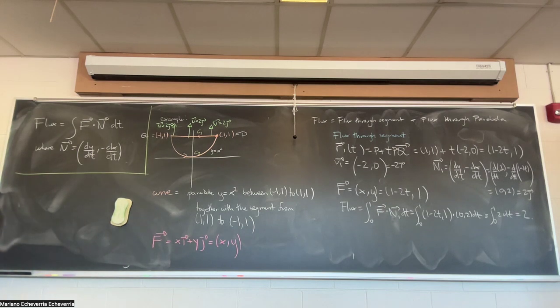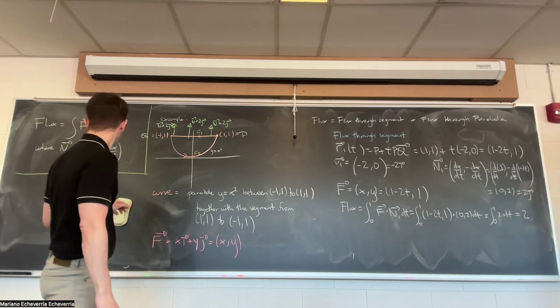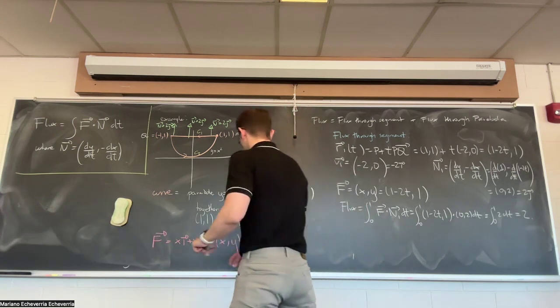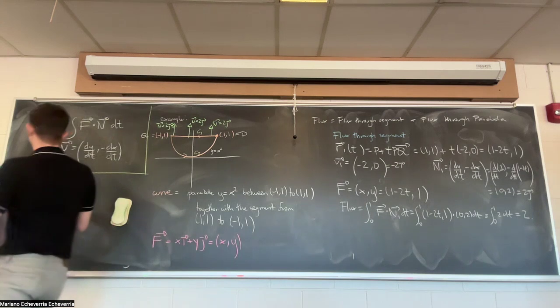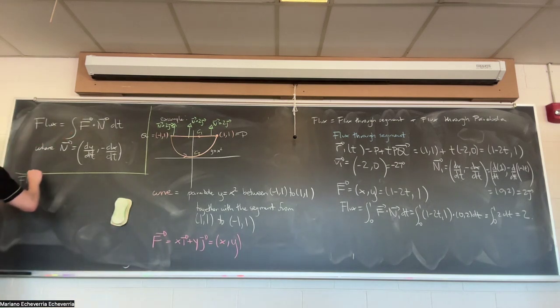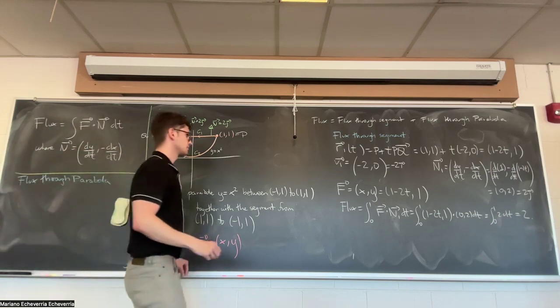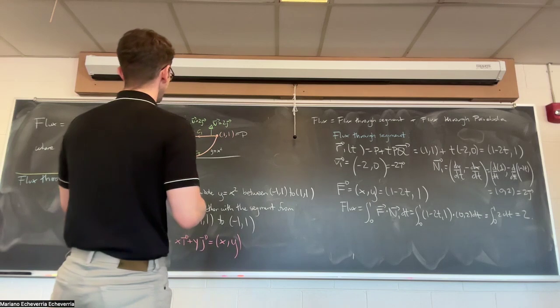And then you do the same for the parabola. What is the flux through the parabola? Let's put it here, I think I have enough room. You parameterize the parabola.